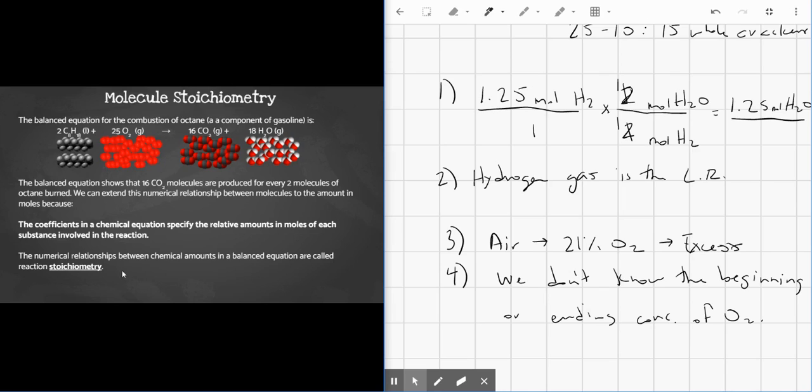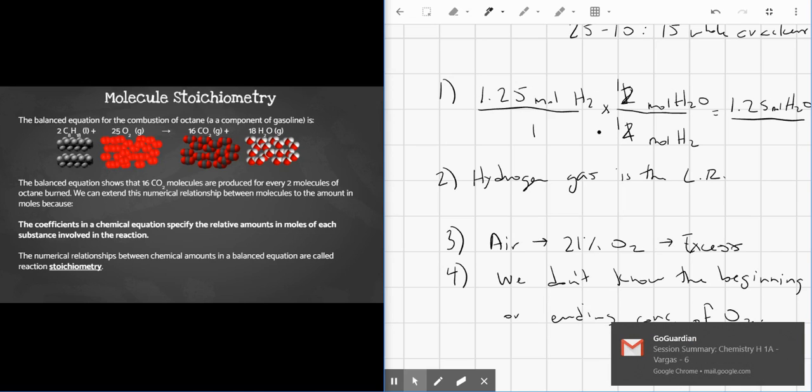The numerical relationships between chemical amounts in a balanced equation are called reaction stoichiometry. So this work of changing from octane to carbon dioxide produced, we use the numerical relationship of 2 to 16 as that's stoichiometry. Okay, so everything we've been doing up here, changing from one species in a reaction to another, is stoichiometry.